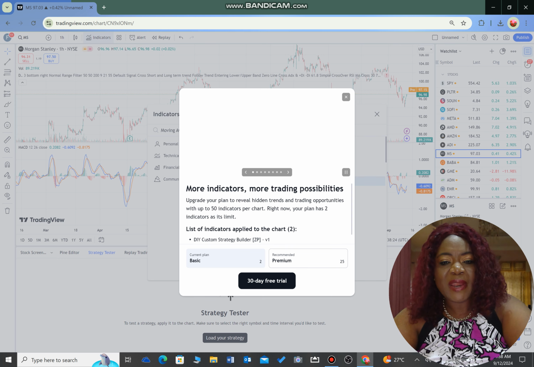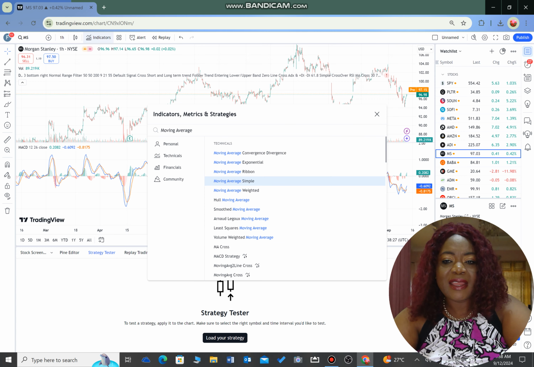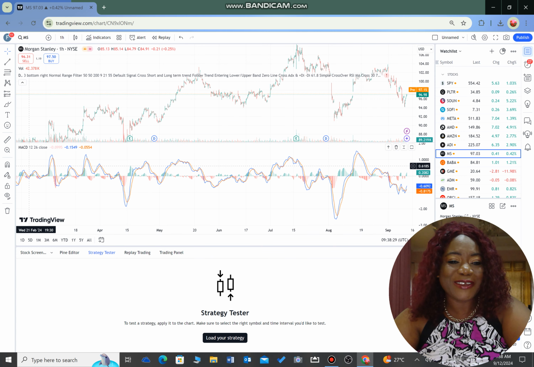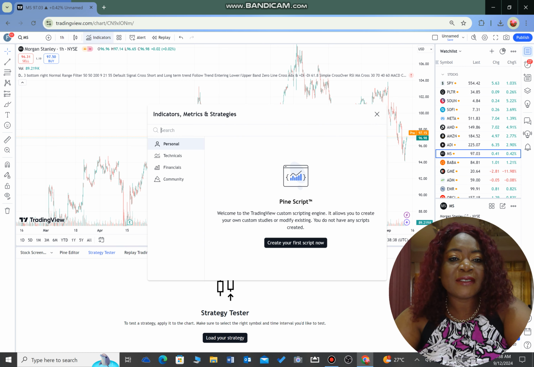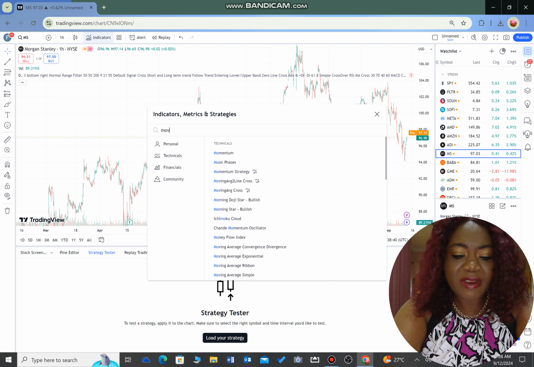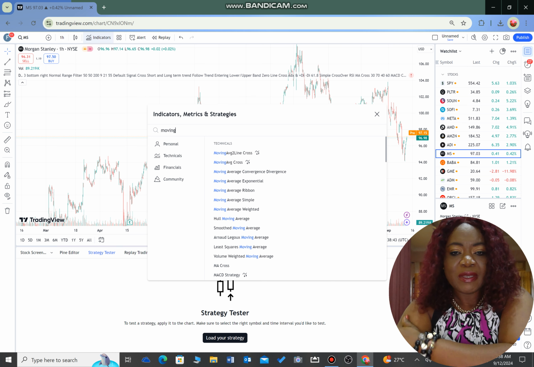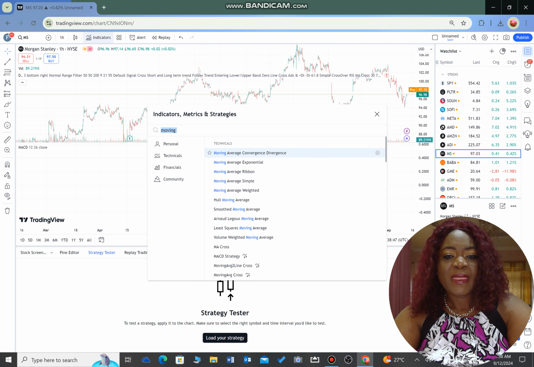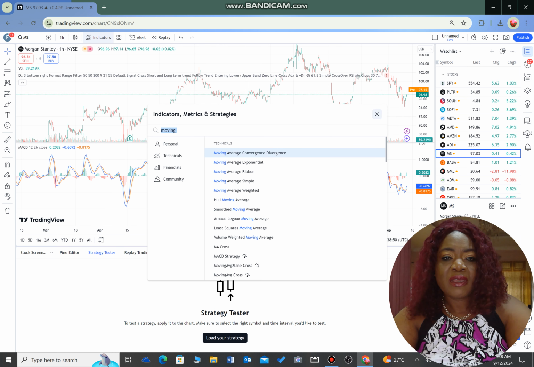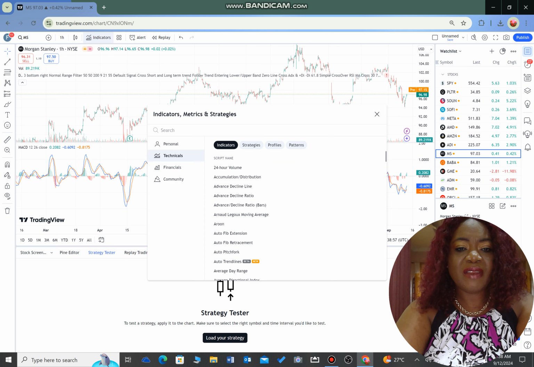You apply it on your charts, and again they don't want to allow us because we are using the free version, so let me delete MACD so that we can have the moving average applied. TradingView's free version is quite useful, and I have always used the free version. I've never subscribed to the paid version.